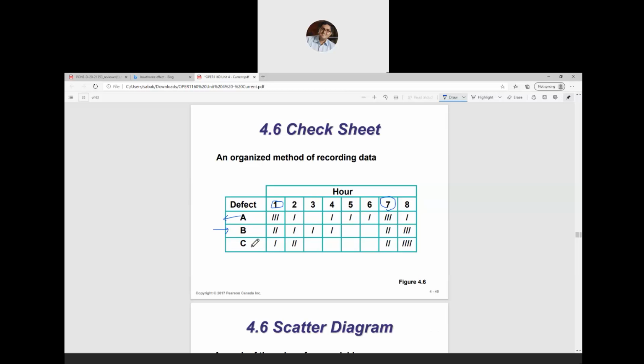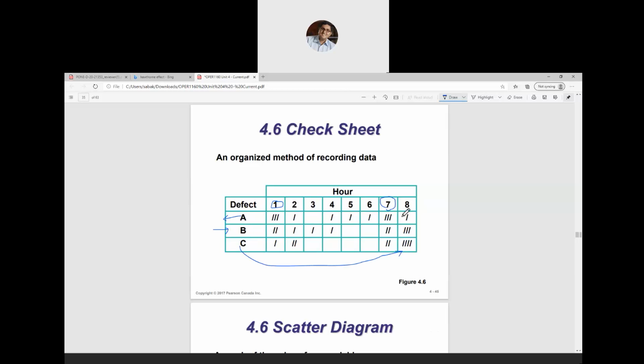In the same way, for example, defect C, which I said is giving a wrong order, where I placed an order for a certain thing and got a wrong pizza delivered to me. If that's called defect C, I find that defect C is maximum during the 8th hour.